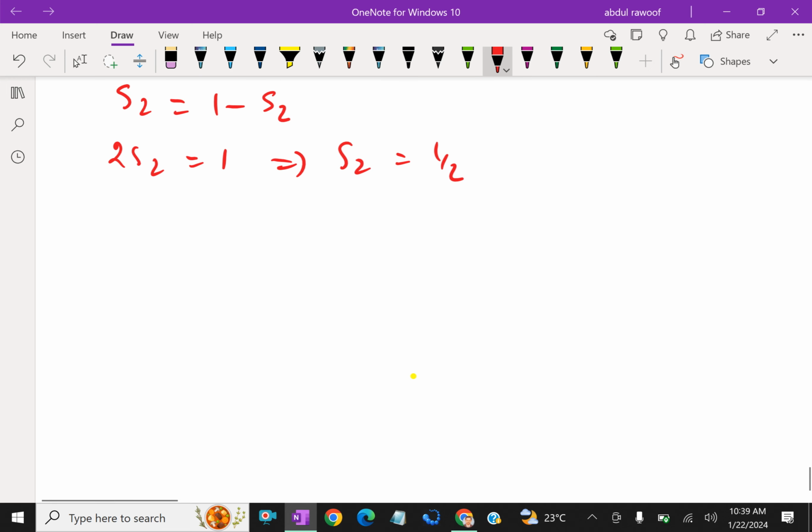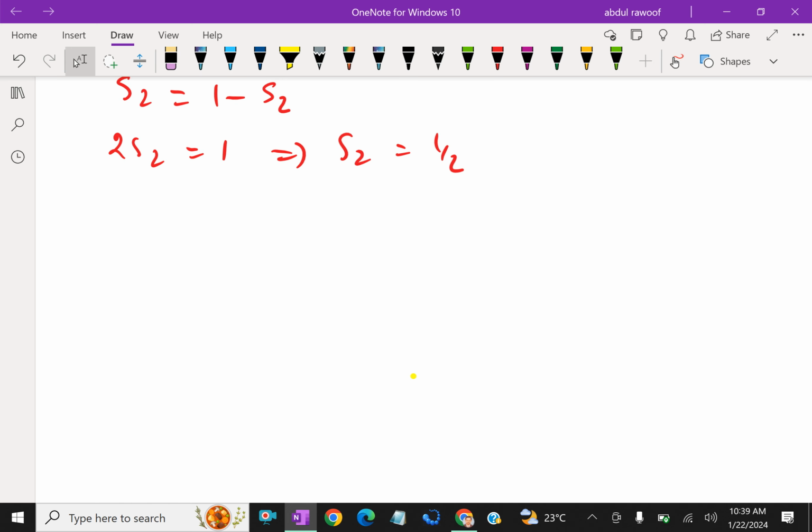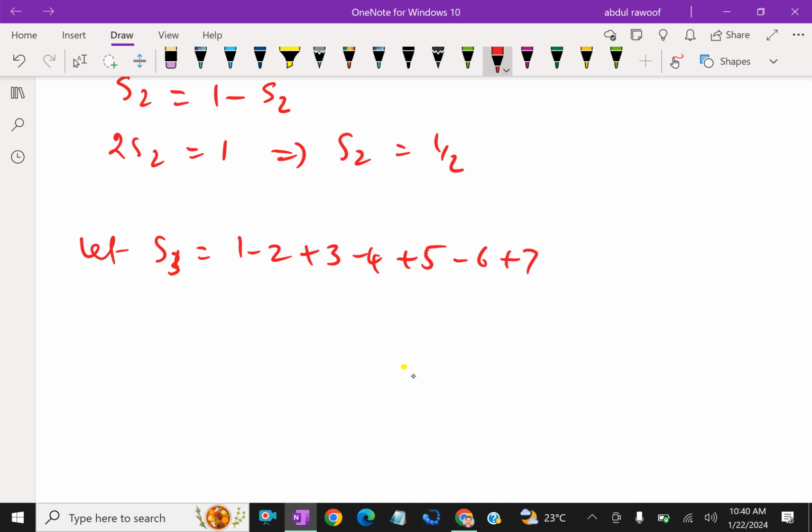Now further, let S3 be the natural numbers with changing signs, addition and subtraction: 1 minus 2 plus 3 minus 4 plus 5 minus 6 plus 7, and so on up to infinity.